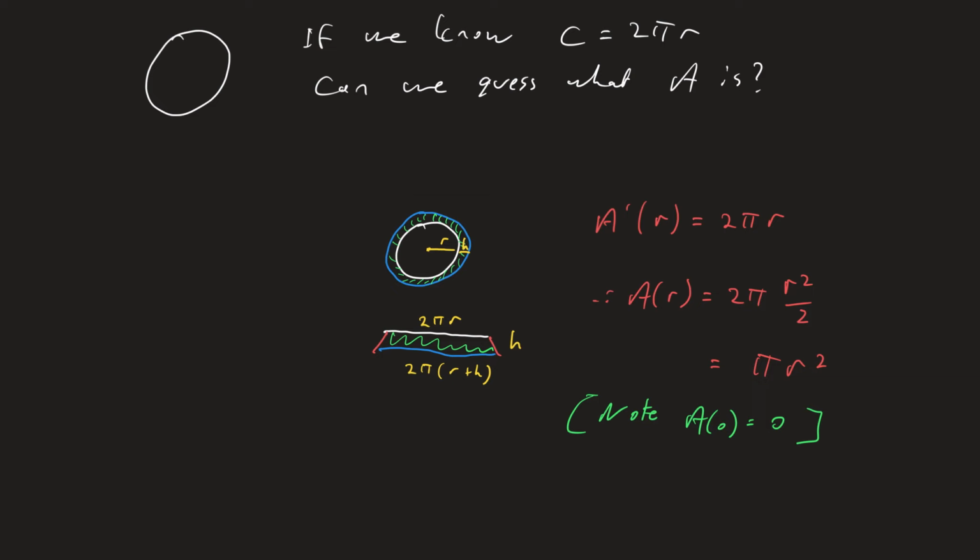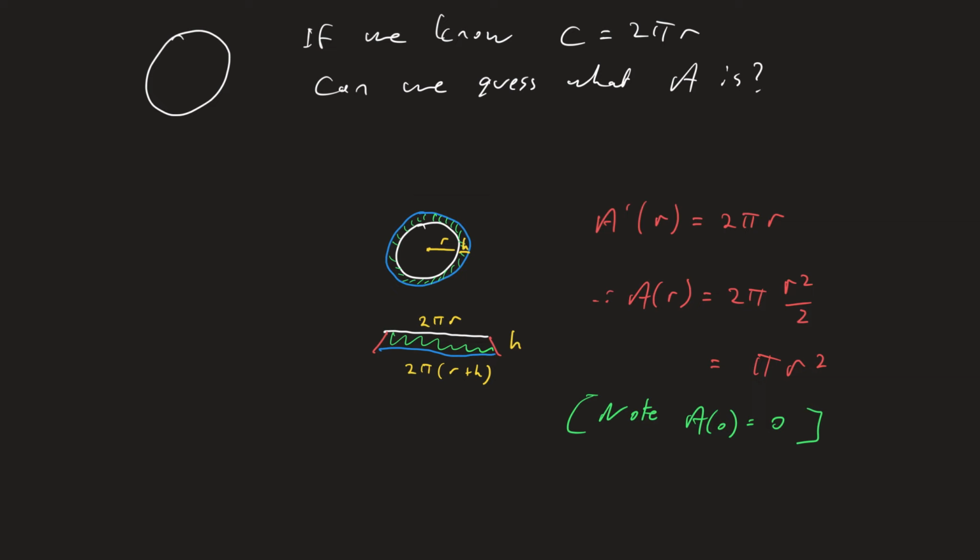So we believe that the increase in area, the derivative of area, should be just 2 pi r. Remember that the derivative is just the constant in front of the h term. So the actual increase is 2 pi r h, therefore the derivative is the constant in front of the h, which is 2 pi r.